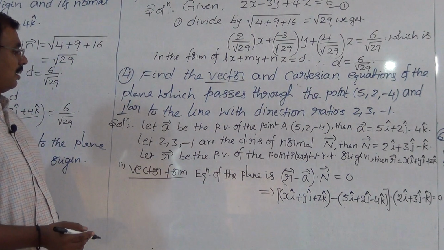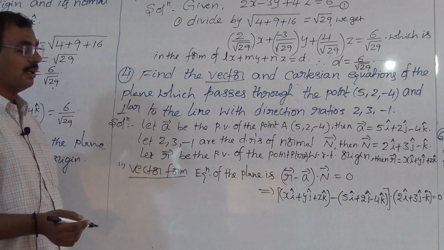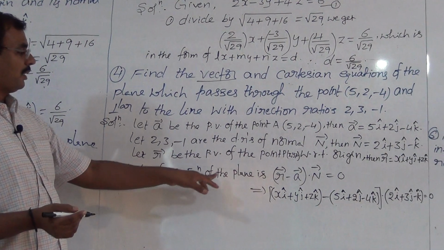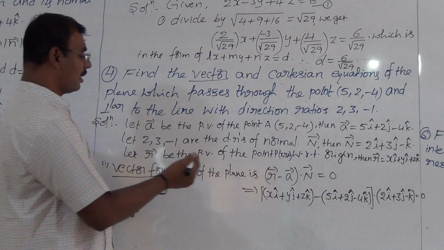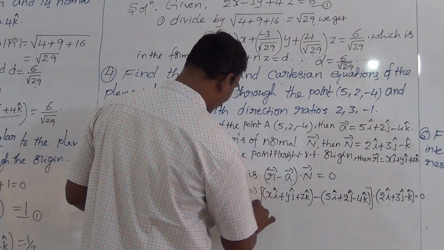So this is the vector equation of a plane passing through the point and perpendicular to the normal vector. Further, if you want simplifying, we write one more step.